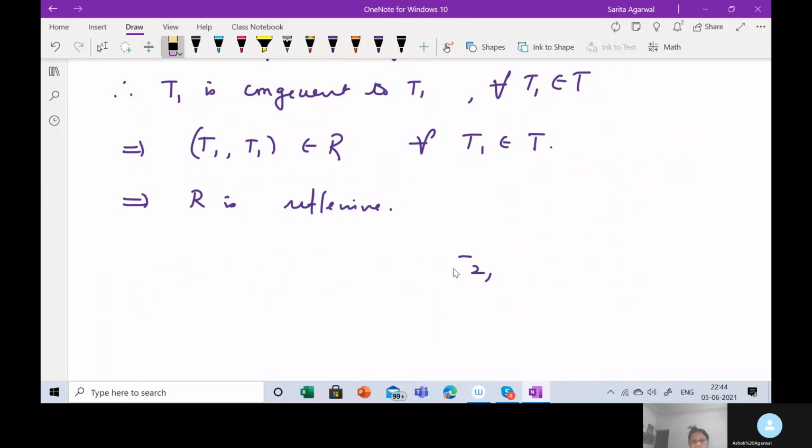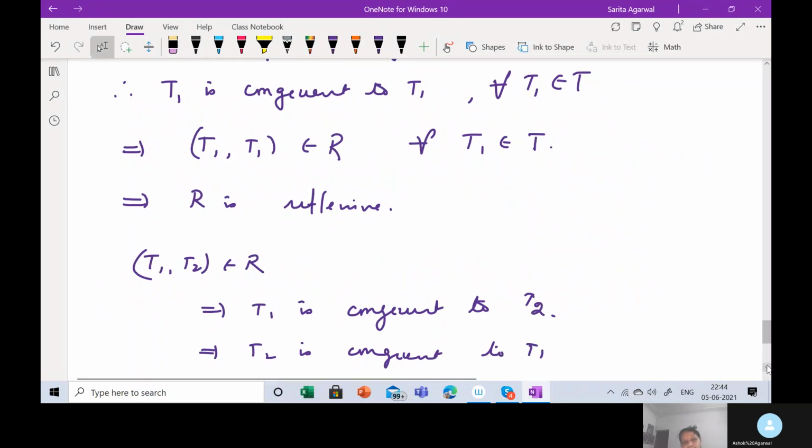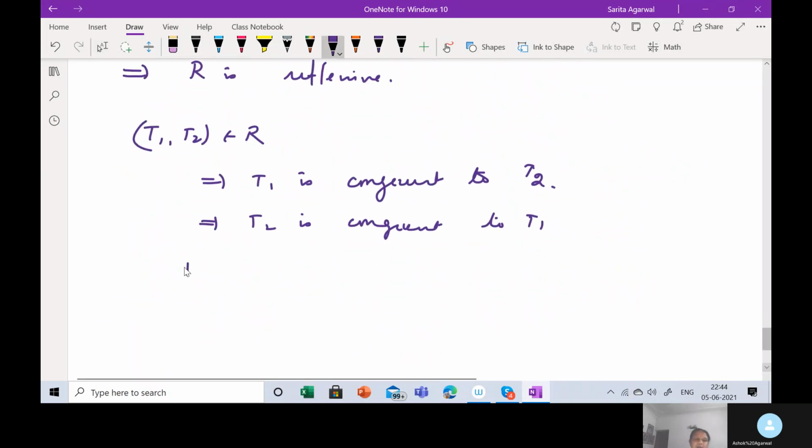Better to write, let (T1, T2) belong to R. That means T1 is congruent to T2. And congruency implies that T2 is congruent to T1. And T1 and T2 belonging to T are arbitrary.